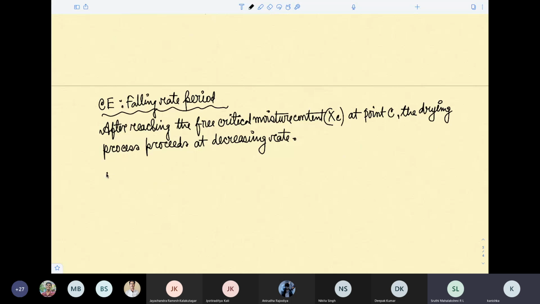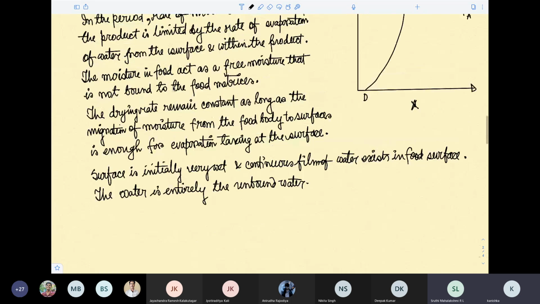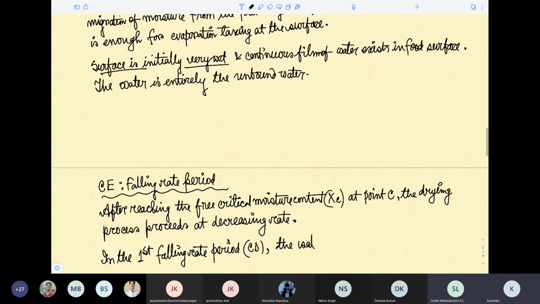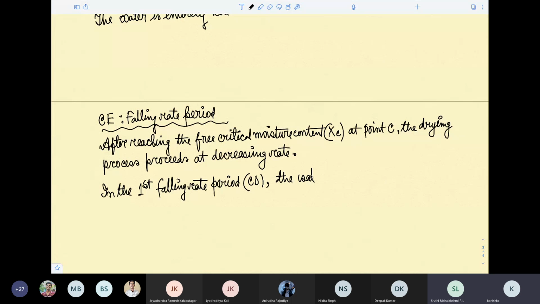In the fast falling rate period, that means C to D, the saturated surface area. As I said, the surface is initially saturated.